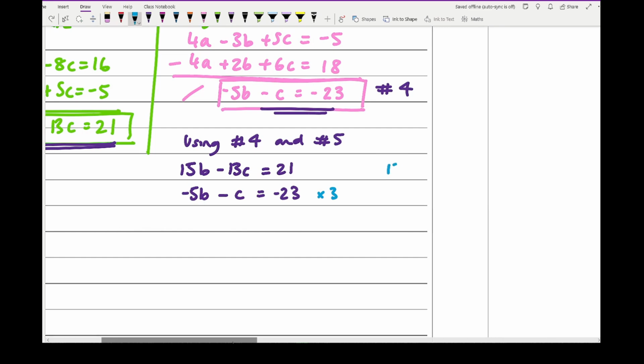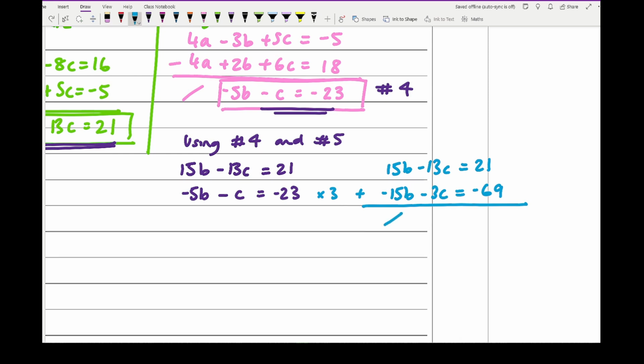I end up with 15b minus 13c equals 21, and I'm going to end up with minus 15b minus 3c equals minus, not 23 because I need to multiply that by 3, I end up with minus 69. Now from here, because my b's are the same quantity but I want to get rid of them, I'm going to add the two equations.